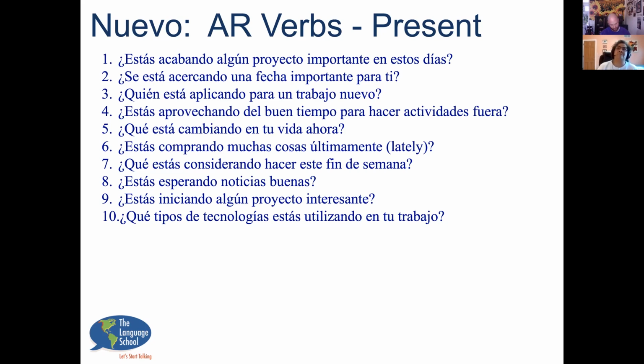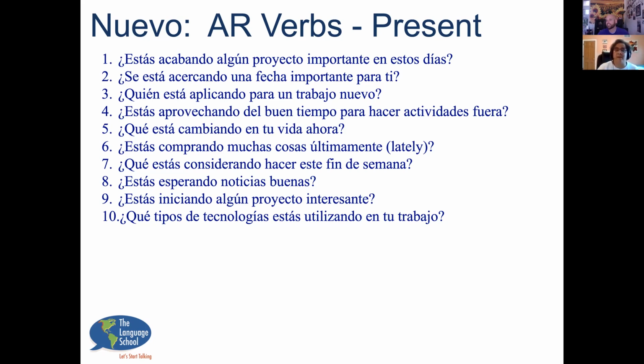Oh, let's see. Sí, el aniversario de David y yo está acercando.